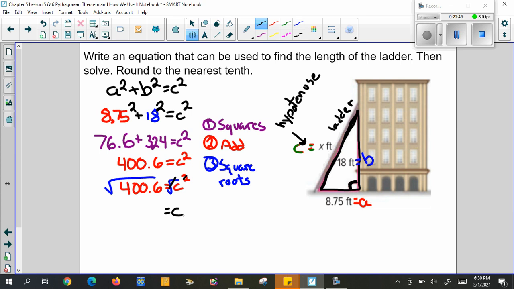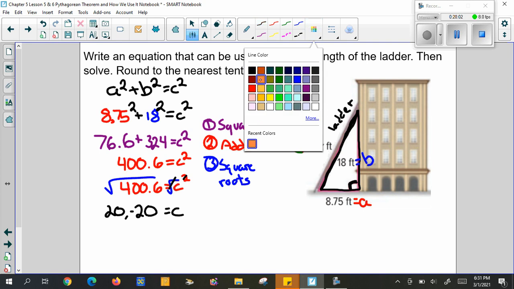When I put this in, I get 20.01. But if I'm rounding to the nearest tenth, that means my answer is roughly 20.